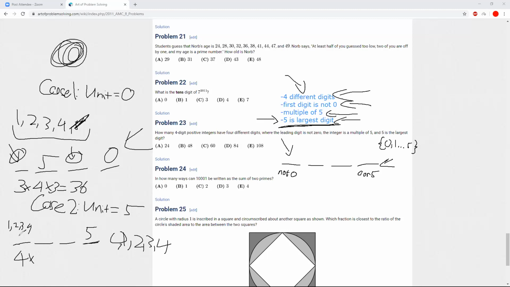So let's just say we put the 4 here, then we don't have the 4 anymore. But then we get the 0 back. So we have 4 more ways for the second unit. And then for the third digit, we have 3 choices because we can't choose the same one as the previous 2. So this one's going to be 48.